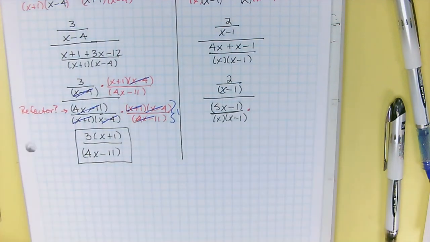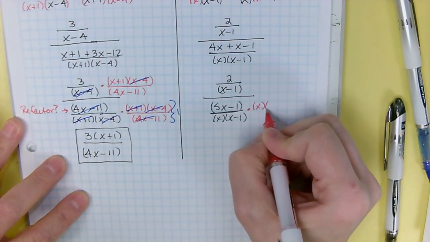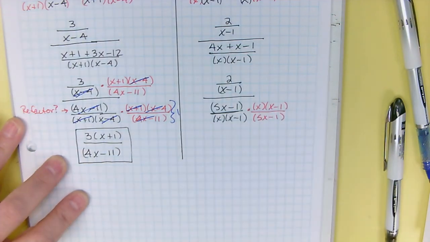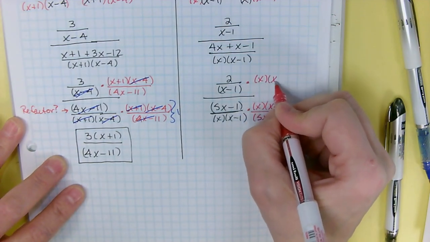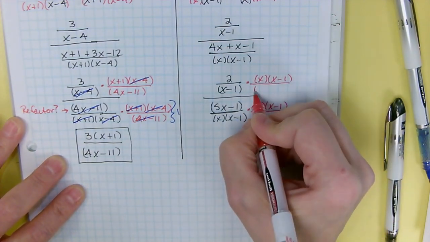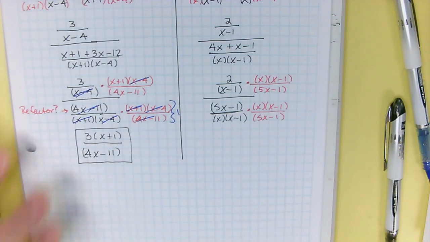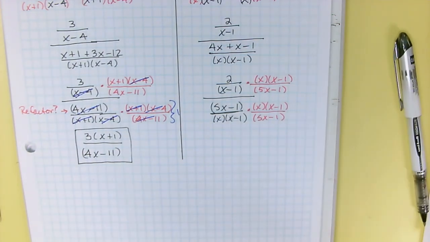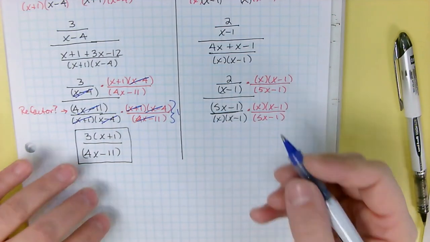So multiply the bottom by its reciprocal. So x times x minus 1 over 5x minus 1. And multiply the top by the same thing. X times x minus 1 over 5x minus 1. So anytime you multiply something by its reciprocal, it all cancels out.